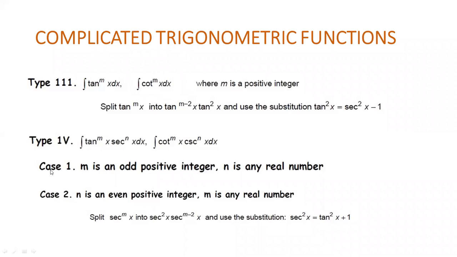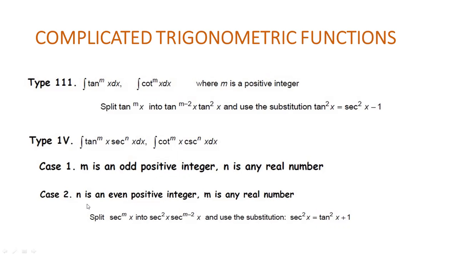And under type 4, we have two cases again. Case 1 is when m is odd and n is any real number, exactly the same as that of type 2, case 1. m is any odd positive number and n is any real number.